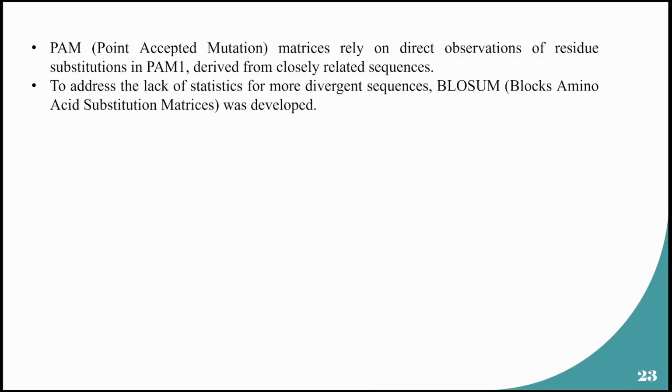The PAM matrix, as you saw, was directly calculated from PAM1 values for closely related sequence observations. However, there was a lack of statistics for more divergent sequences. So in the case of PAM, this was matrix extrapolation. However, for more divergent sequences, for calculating from the observables, they calculated something called the BLOSUM matrix. So that was introduced here.